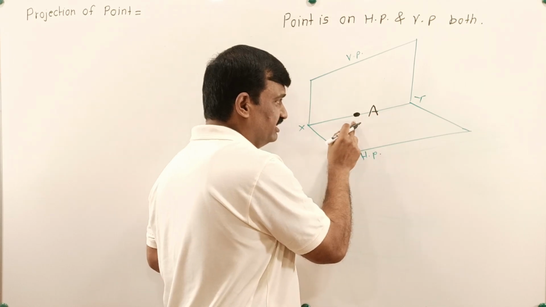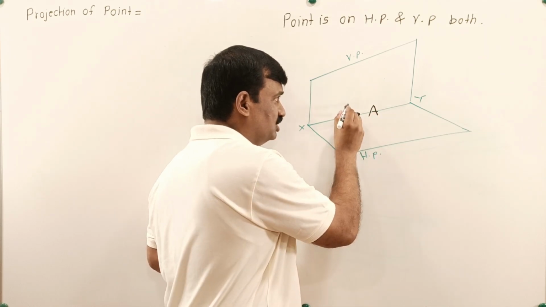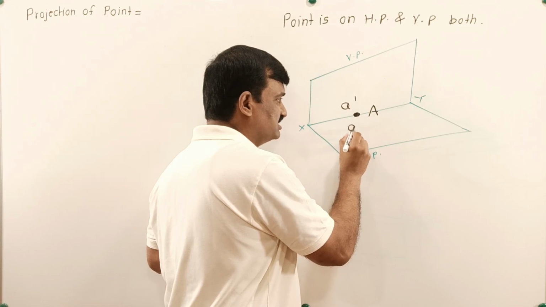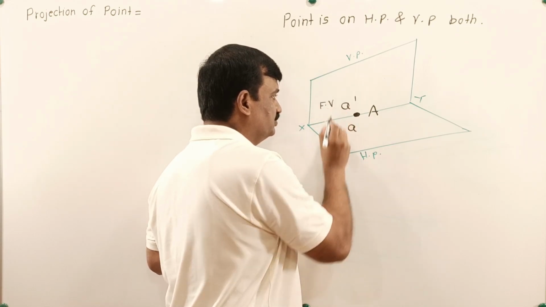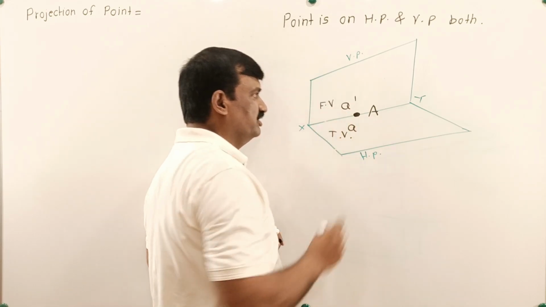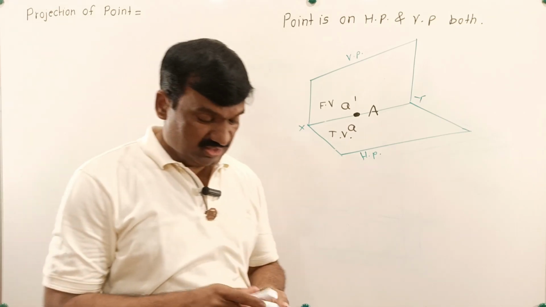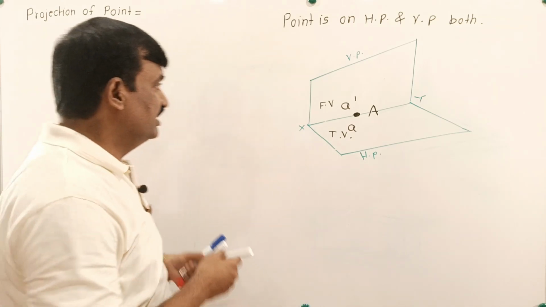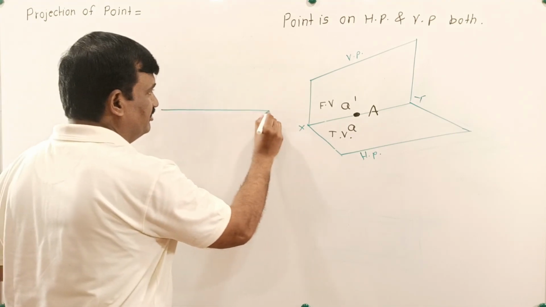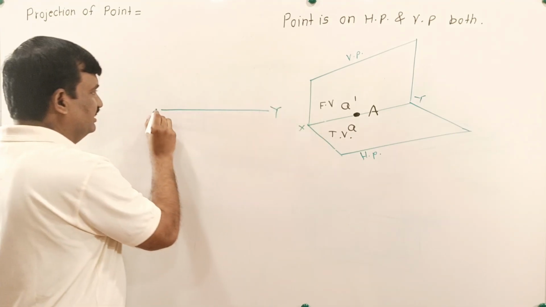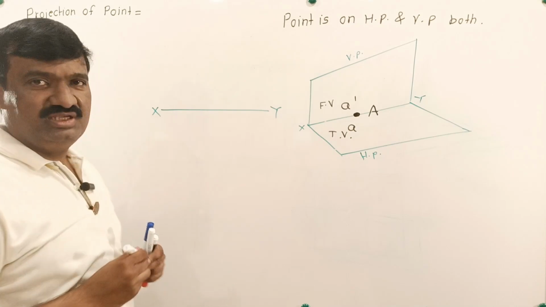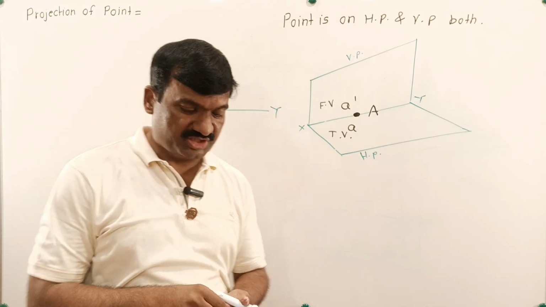This is the actual point A. It is present on HP and VP both. So same point is front view and same point is top view, that present on XY line. So problem is when the point A is present on HP and VP both, draw its projection.